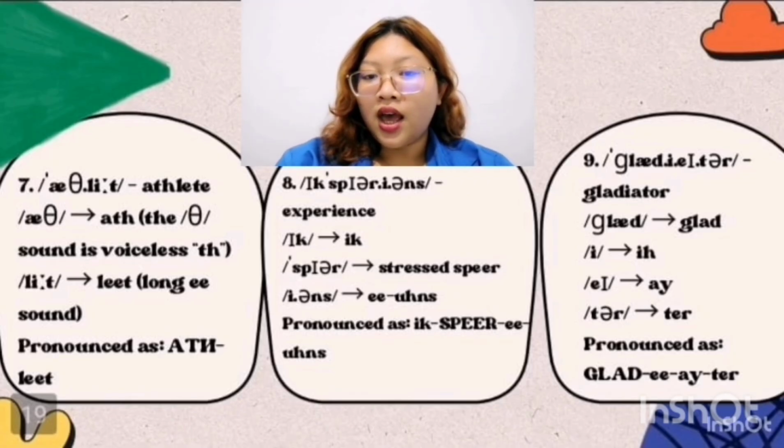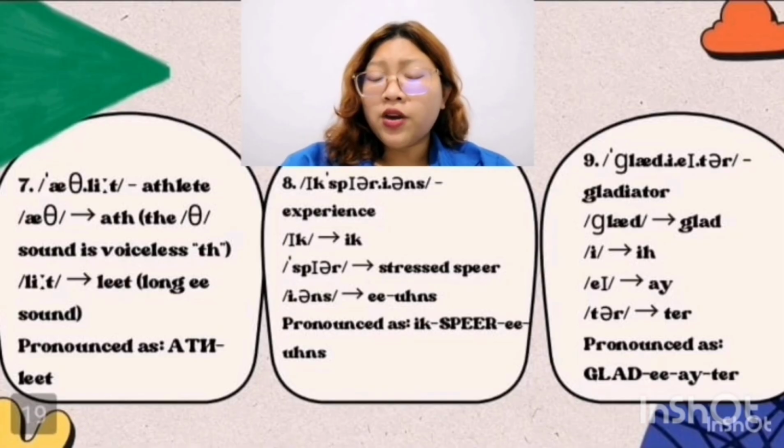Number 7, athlete. How can we pronounce it? "Ath": the sound is voiceless. "Lete": a long sound. So we pronounce it as athlete, or athlete.